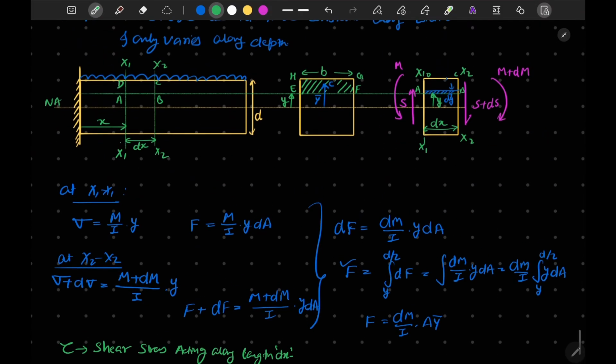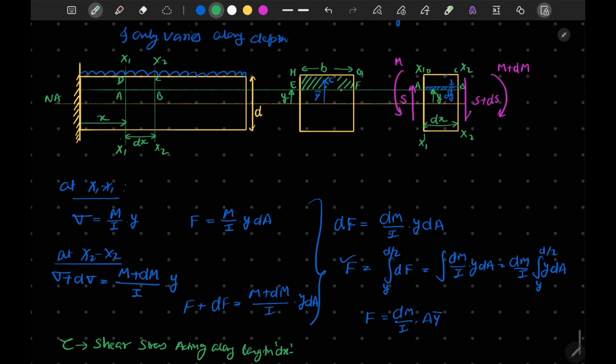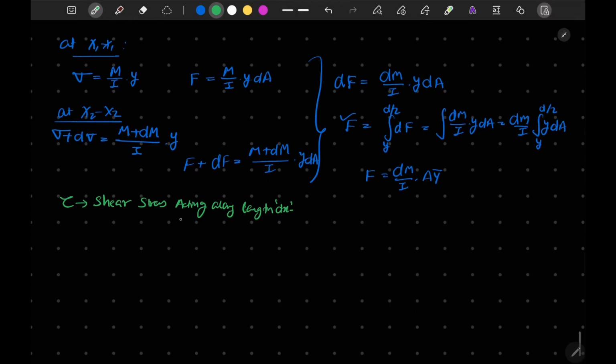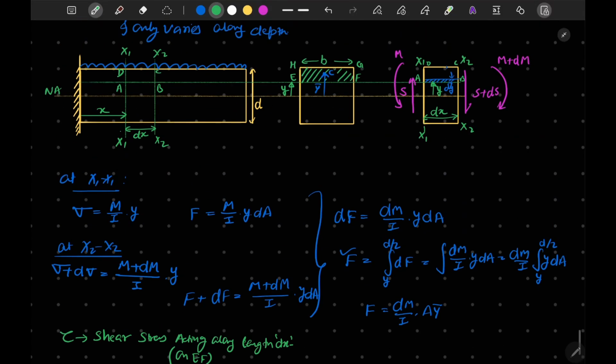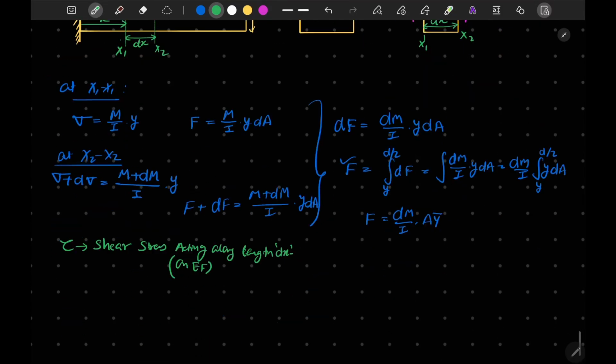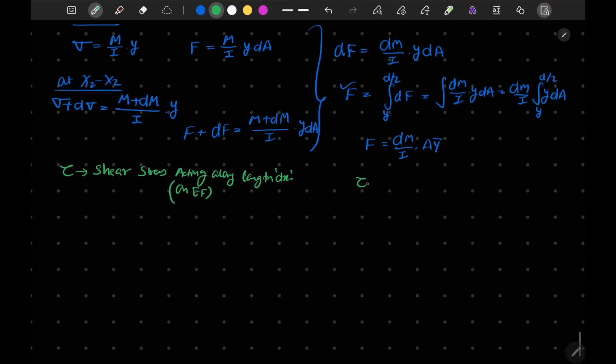Of course we are talking about shear stress acting on this line EF. So this will be your complete area, this area into tau, that is shear stress. So tau into area, that is B width, and dx is your depth.